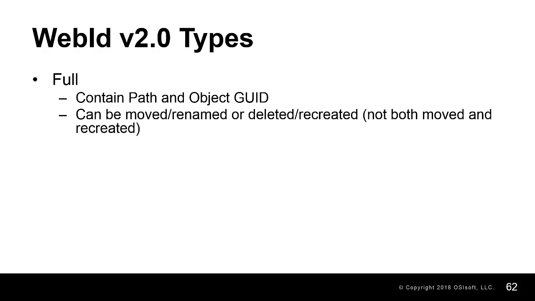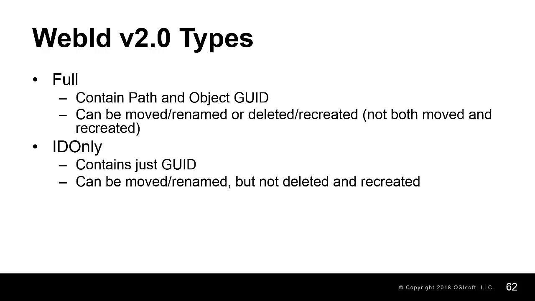Full web IDs contain the GUID as well as the path encoded in them, and are resistant to being moved and renamed and deleted. ID-only web IDs are shorter and will always refer to the same object, whether that be a PyPoint, AF database, and so forth, even if that object is moved or renamed.